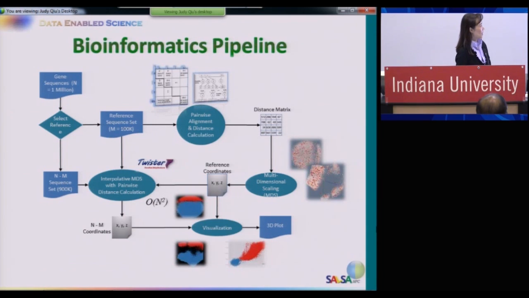As one of the speakers from the first day, Michael Schatz, said, bioinformatics needs a lot of processing pipelines. You can see from this chart, from gene sequencing to pairwise clustering to dimension reduction to visualization, this is the pipeline. There are a lot of complex pipelines in processing bioinformatics data.